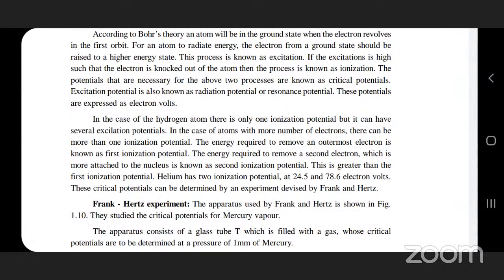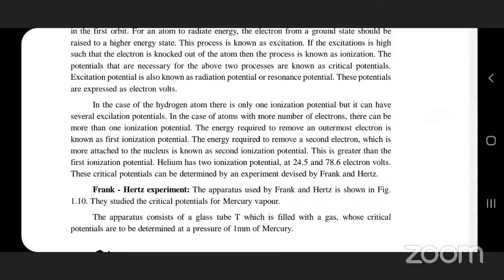So the potentials necessary for the above two processes, one is excitation, another is ionization. If the excitation is very high, the electron is knocked out of the atom. That is ionization. These two are known as critical potentials.